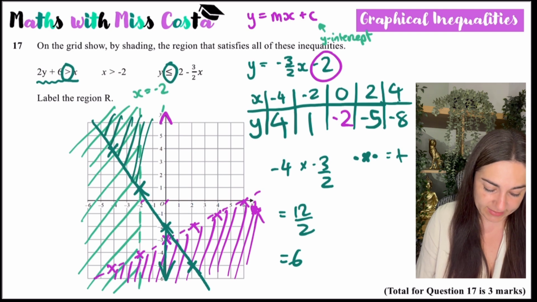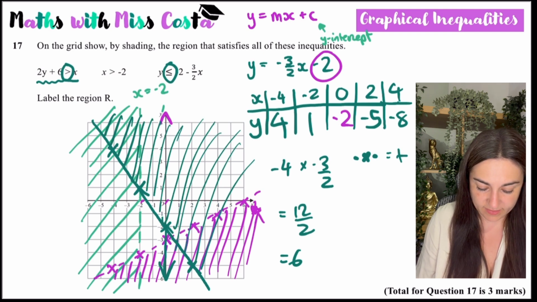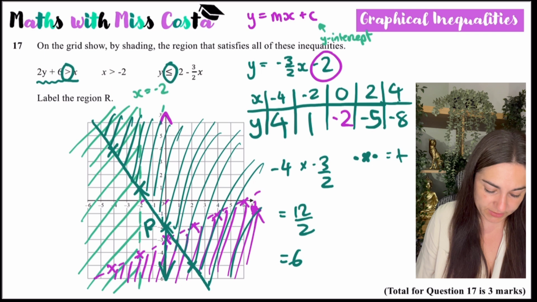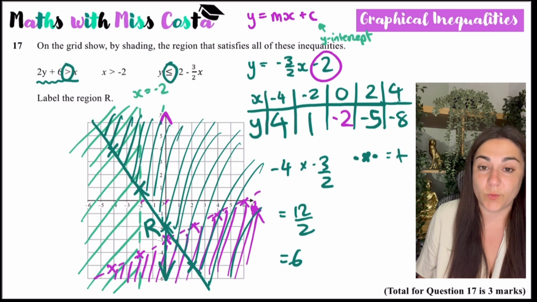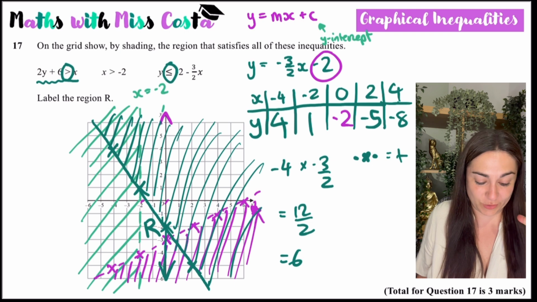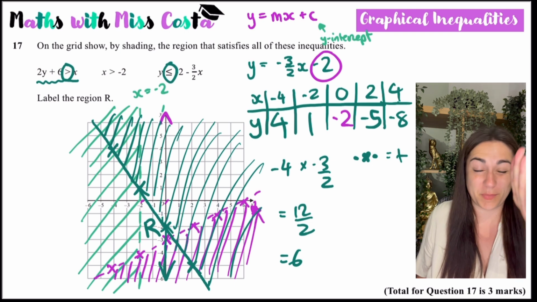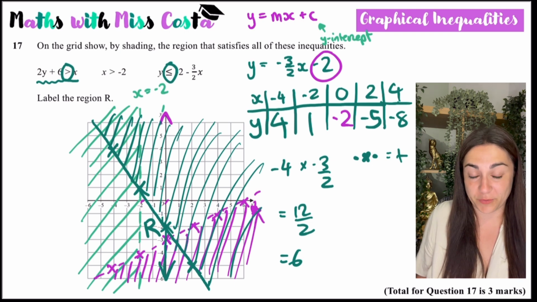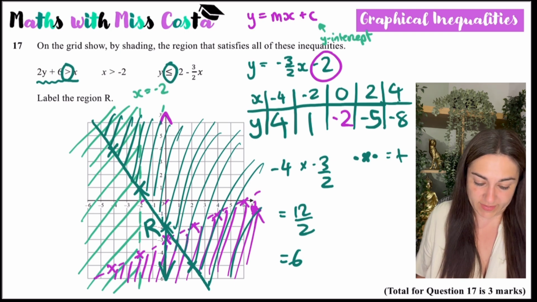So anything that is greater than can get shaded out, which leaves me with this small region here, which you'd label R. So the key with all of these is you draw them, you shade out the bit that you don't want, that doesn't satisfy your inequality, and it's going to leave you with a really small region, and that's the region that satisfies the inequalities.